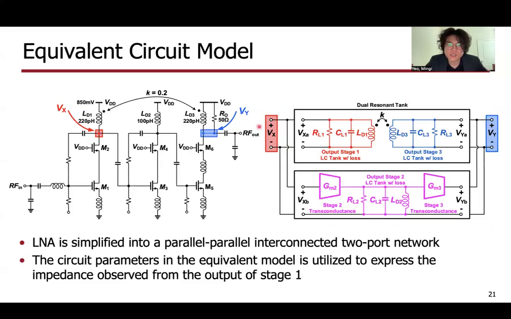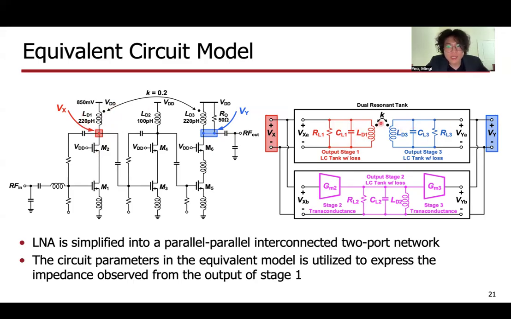To explain this model, the circuit parameters in red here, RCL, map to the RLC tank that's captured at the output of stage 1, where R represents all the losses at this node due to the lossy metal of the inductor, the input resistance of the next stage, and the output resistance of the first stage, C captures the parasitic capacitances arising from the device and interconnect, and L captures the drain inductor LD1 here.